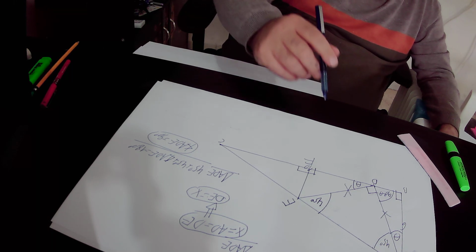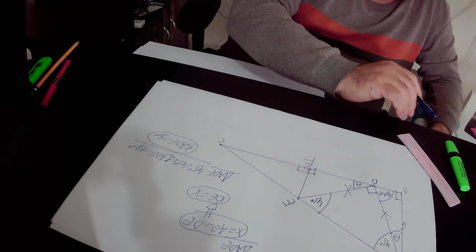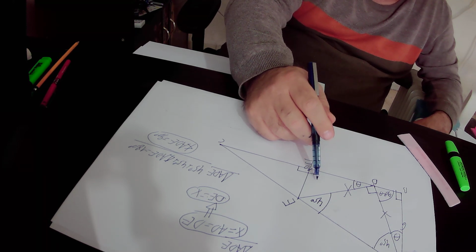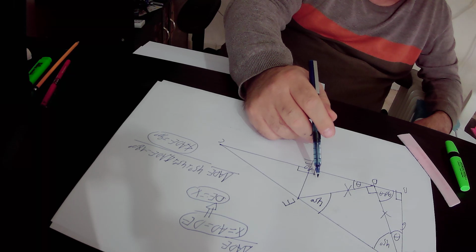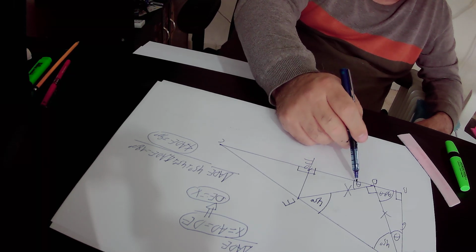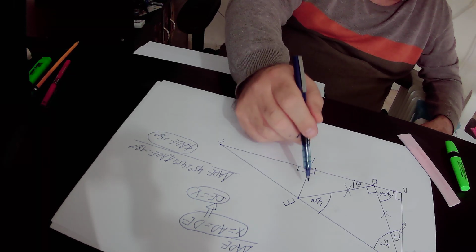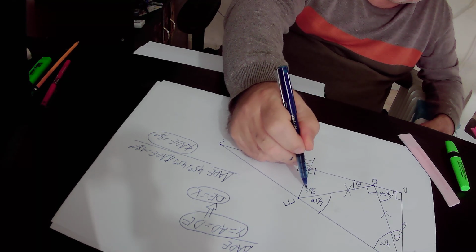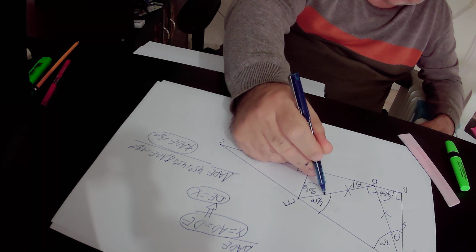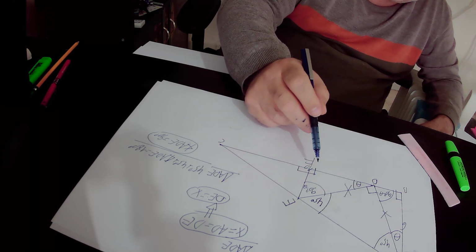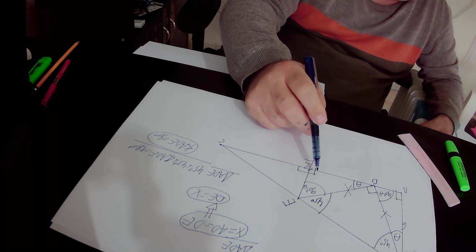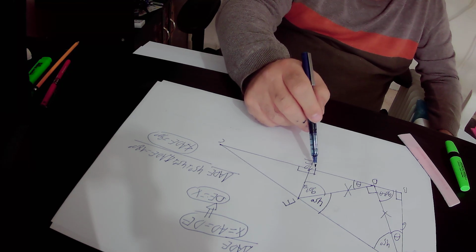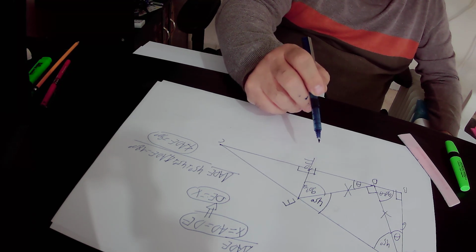In this right triangle DEF, this angle equals theta, therefore the missing angle must be equal to 90 degrees minus theta in order to complete the sum of the angles in this right triangle EDF to 180 degrees, because theta plus 90 degrees minus theta is 90 degrees, and 90 degrees plus 90 degrees is 180 degrees.